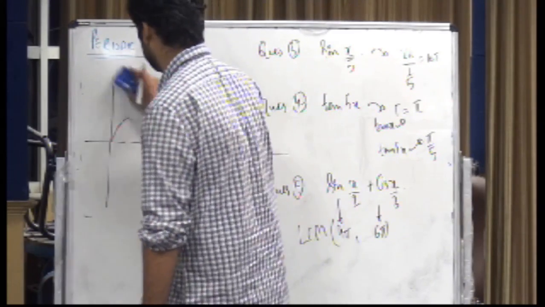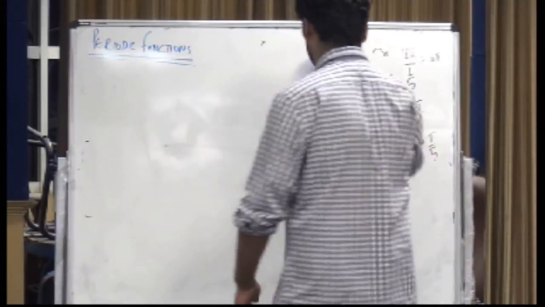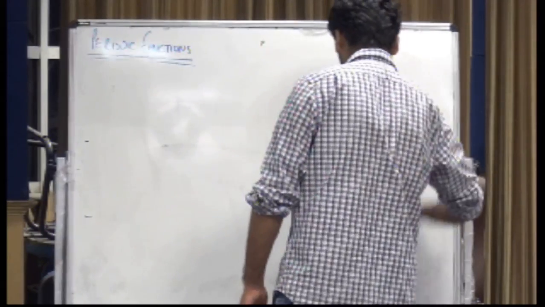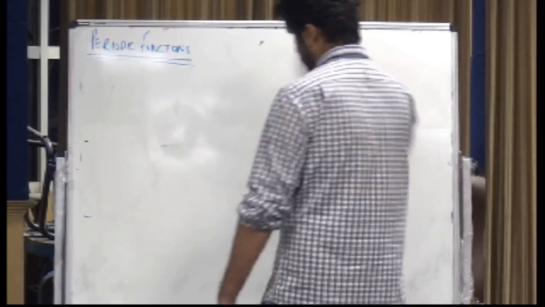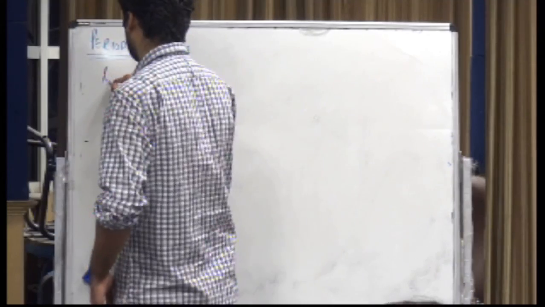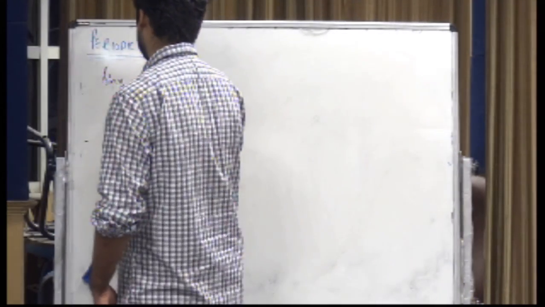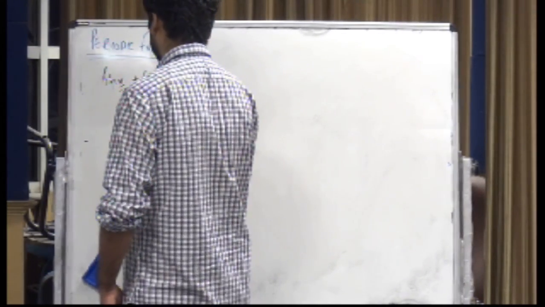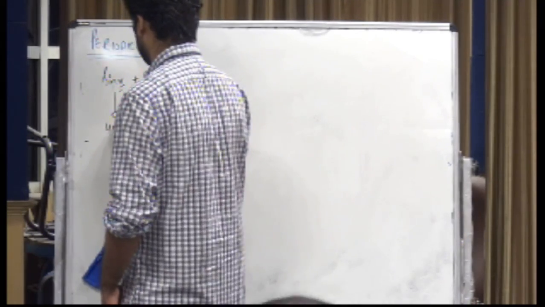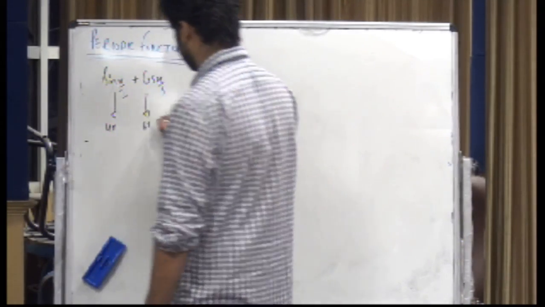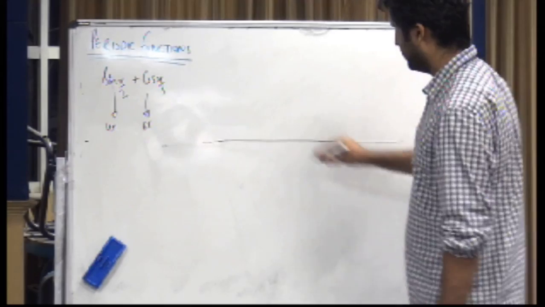Okay, this one will be a tough graph. So you have sin x by 2 plus cos x by 3. Period here is 4 pi, here is 6 pi.